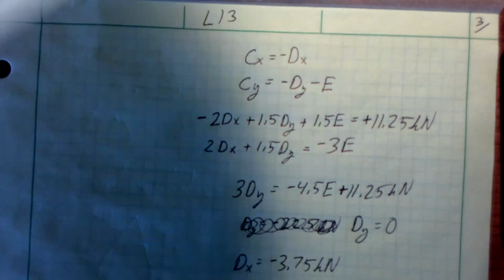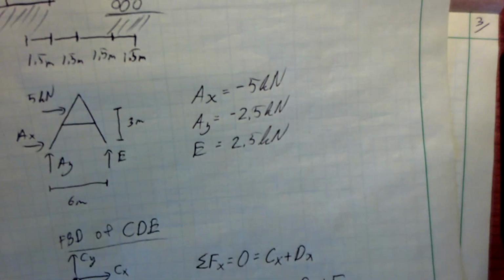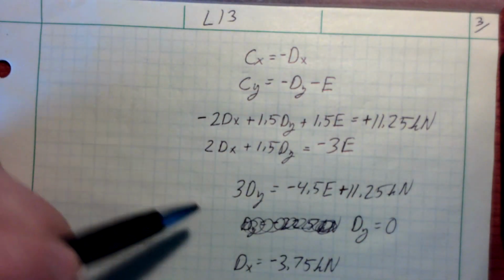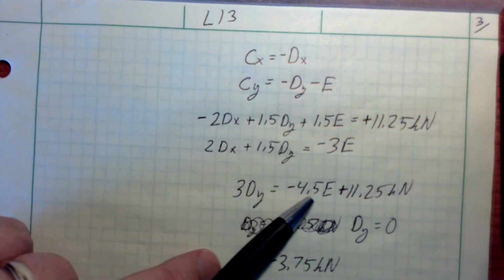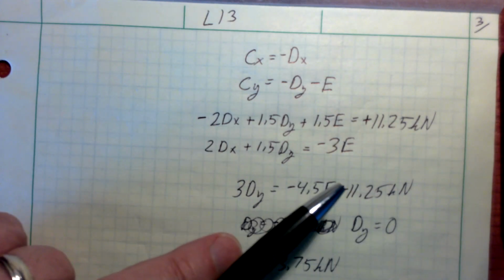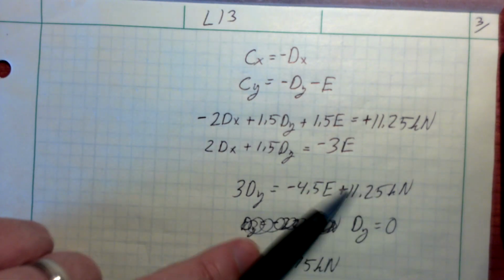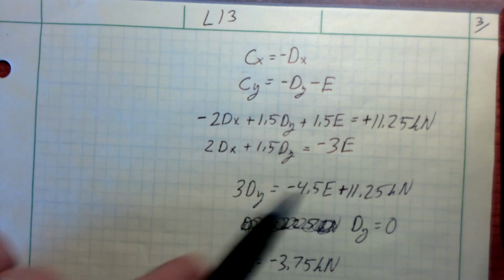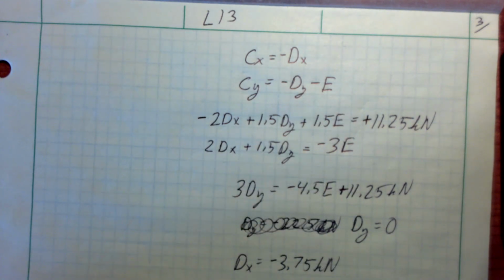Remember, we've got a value for e. E is 2.5 kilonewtons. So minus 4.5 times 2.5 gives me a negative 11.25. Add to it positive 11.25. This is 0. 3 dy is 0, dy is 0.